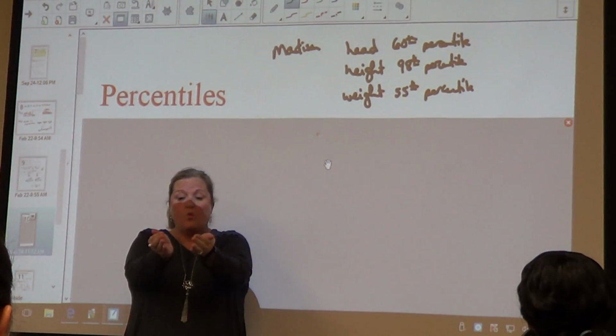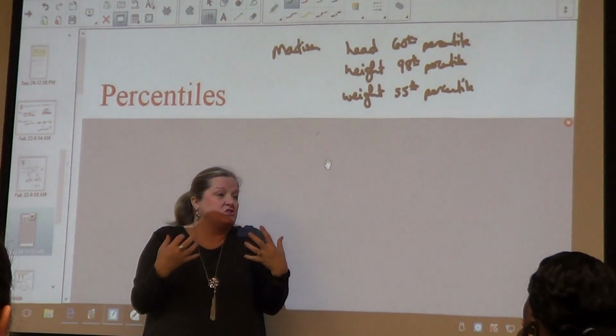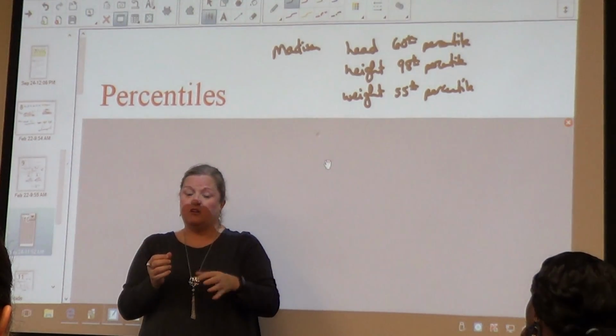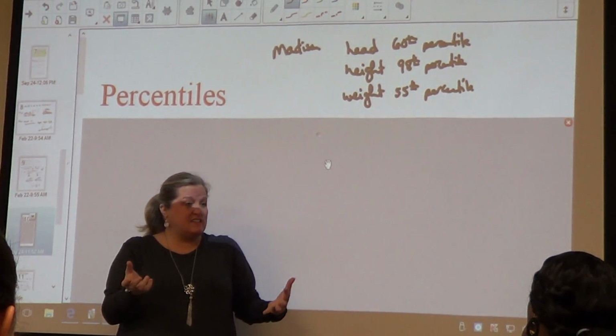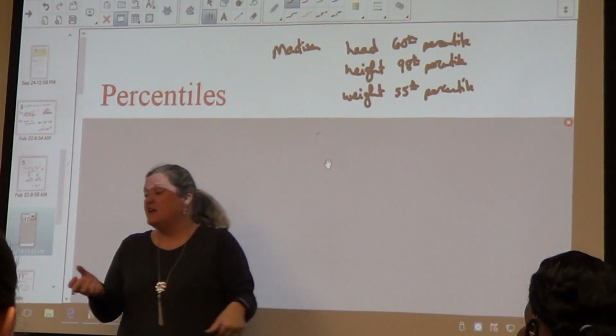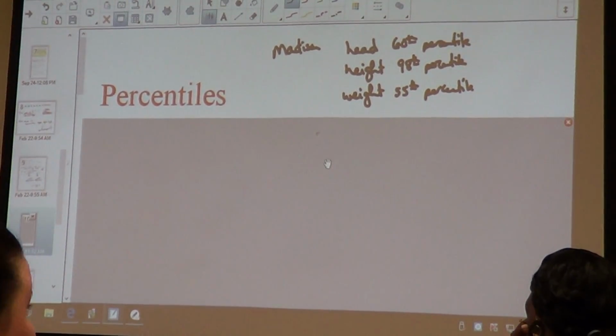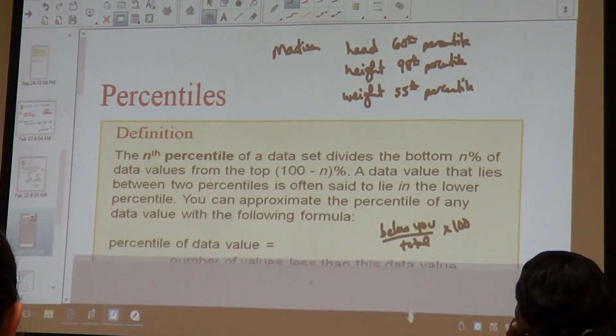Percentile means where are you compared to everybody else? And what I usually say is, I just want to know who's below me. When you're taking a test, you ask around because you want to know who did worse than I did. Okay? So when we do percentile, and that gave us this M&M problem, which was kind of boring.